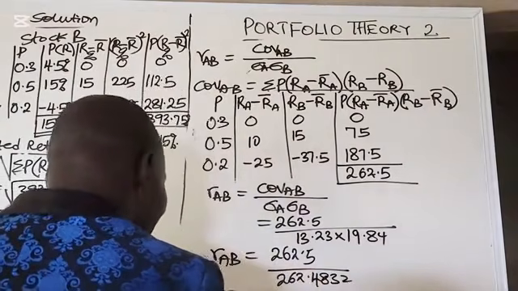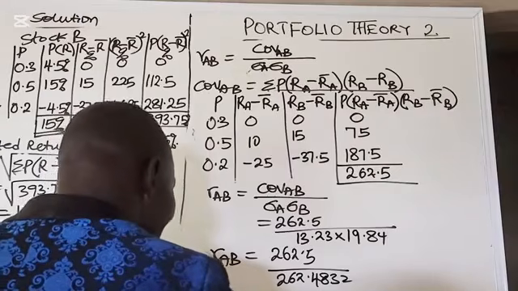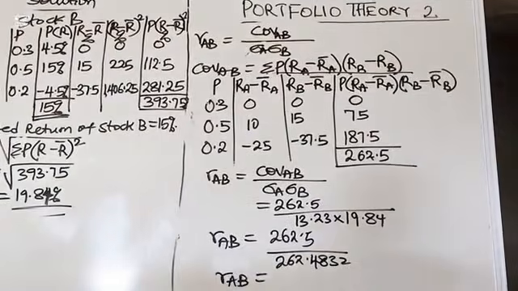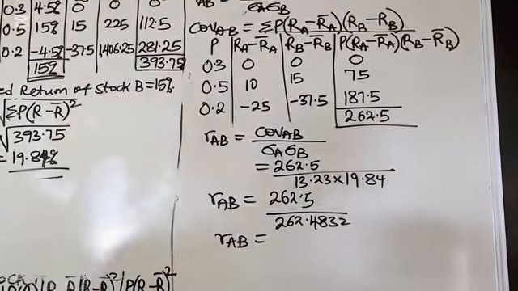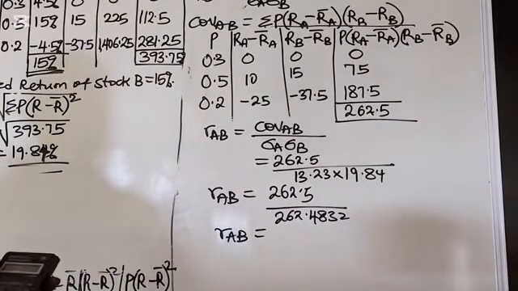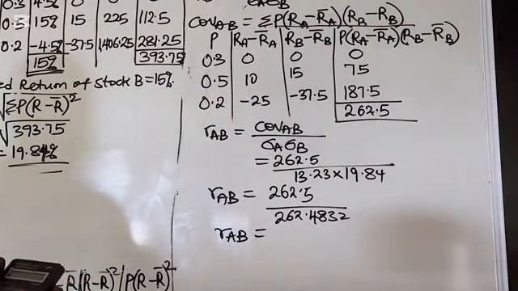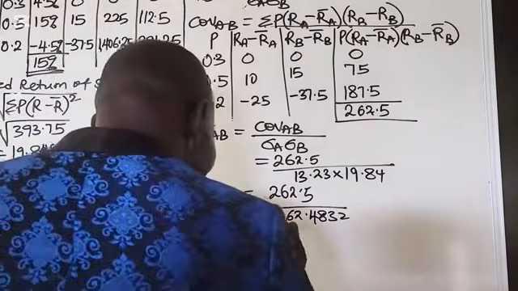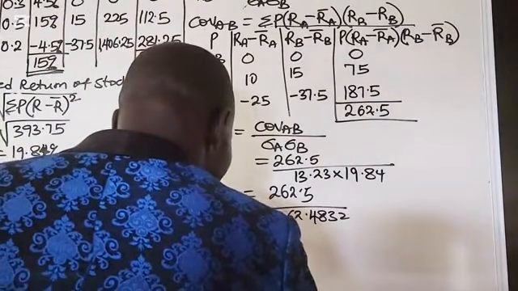So if you divide, therefore, we have the correlation coefficient between the two stocks A and B. We have 262.5 divided by 262.4832. Then we have 1, which is positive.